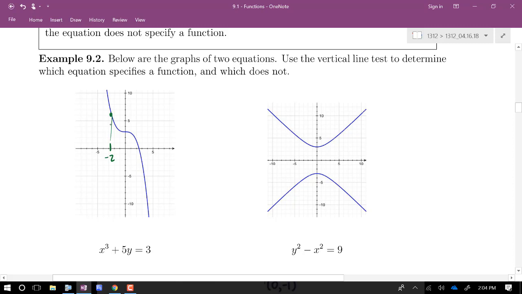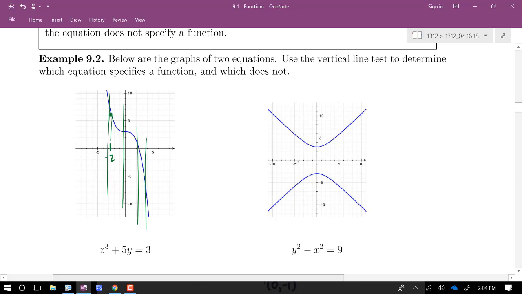What we're looking for is called the vertical line test. If you're looking at a graph, and every vertical line you can draw intersects the graph at most once, then it's a function. That means no matter what x value you look at, there will only be one y value, one spot where that vertical line intersects the graph.